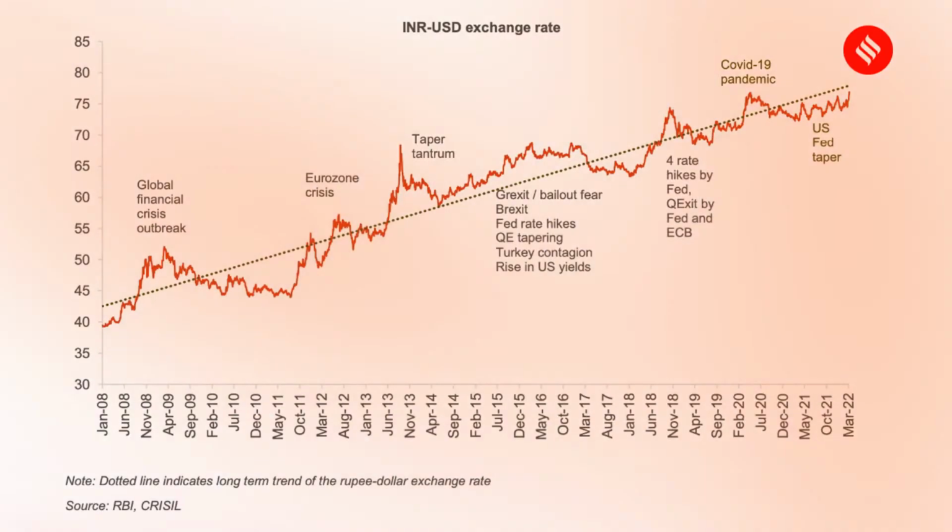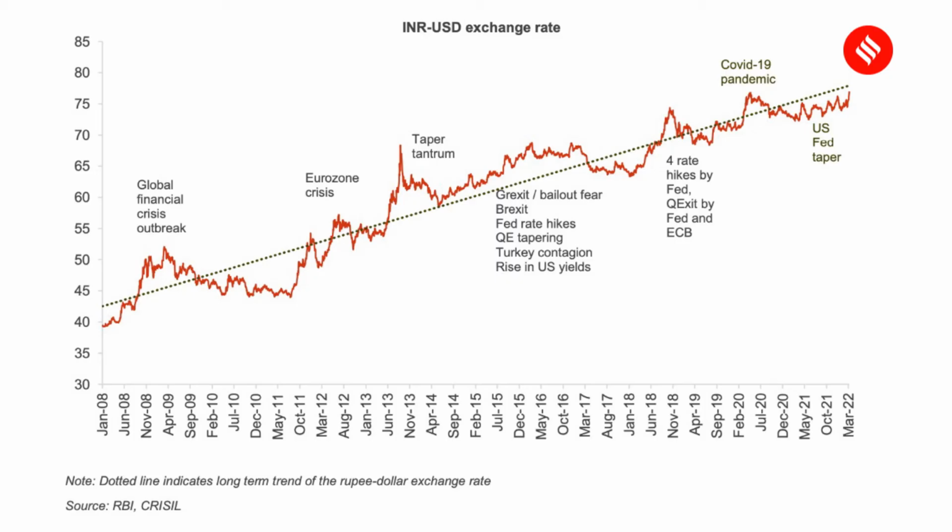So the ideal way to go by it is to look at the trend. Given our current account deficit, at a certain level as a percentage of GDP, on average, the rupee has been depreciating at about 2.5 to 3% every year against the dollar.